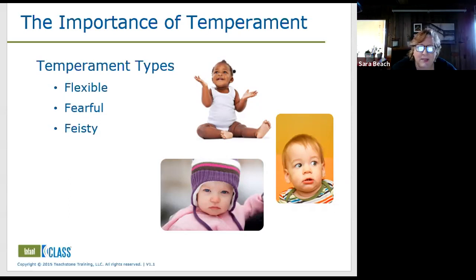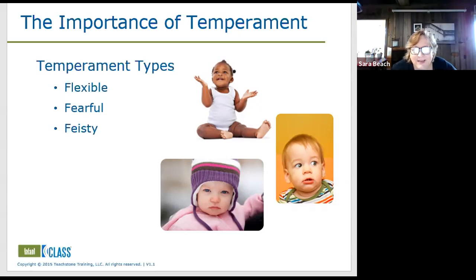Sometimes they nap, sometimes they just refuse. They might be crying more or fussy, and their reactions are just more intense. So again, these are all fairly biologically determined, and they do have an impact on the behaviors that we see.